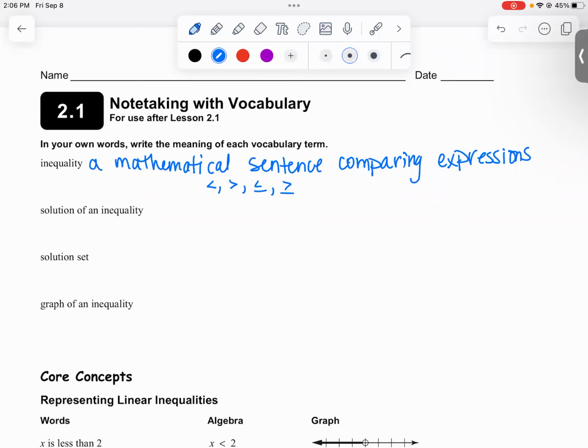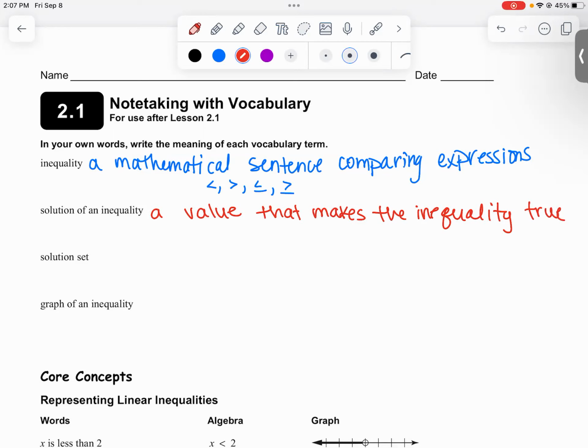Now, we already talked about what a solution is. That was kind of part of our introduction there. A solution to an inequality is any value that makes the inequality true. There will be a lot of values that make an inequality true since we're comparing.